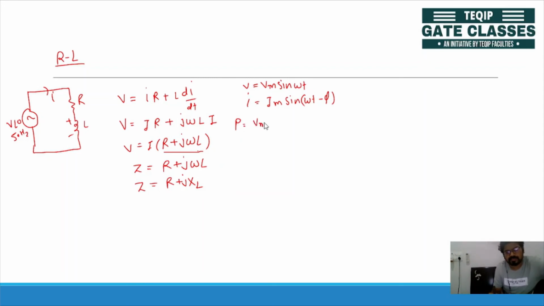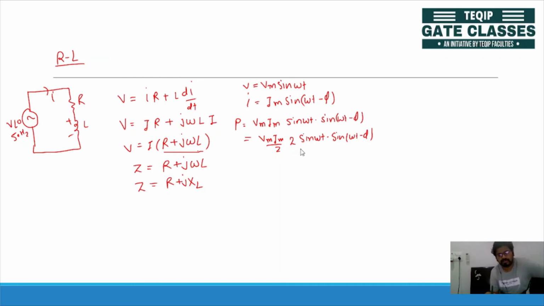So we can write Vm Im sin omega t into sin of omega t minus phi. Okay, so if you multiply and divide by 2, you will get Vm Im by 2, and here 2 sin omega t into sin of omega t minus phi.